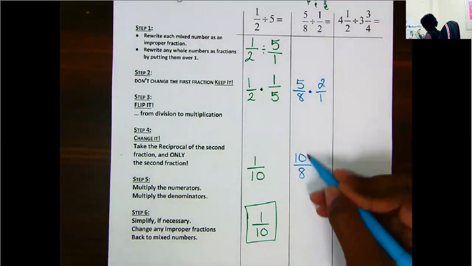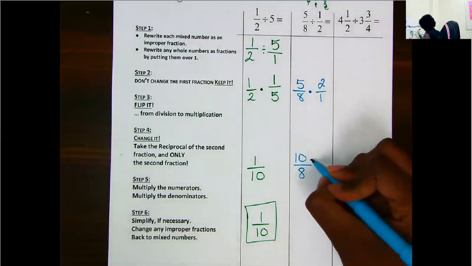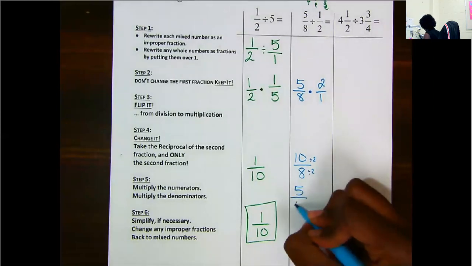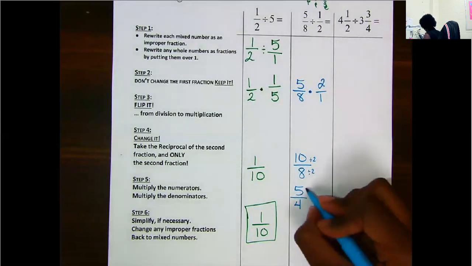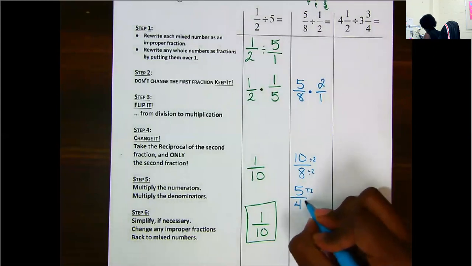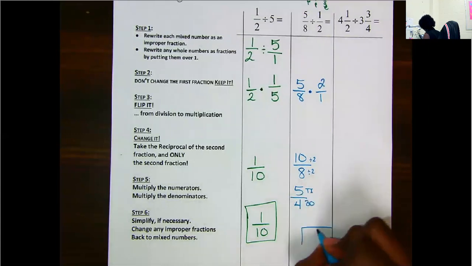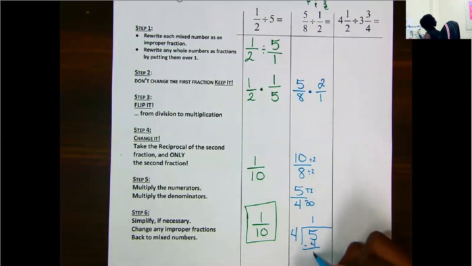I can simplify this first before I do that. They're both even, so I can divide by 2, and I get 5 over 4. Now I'm going to change it back to a mixed number. Top in, bottom out. 4 goes into 5 one time, with 1 left over. Remember, you don't add a decimal.